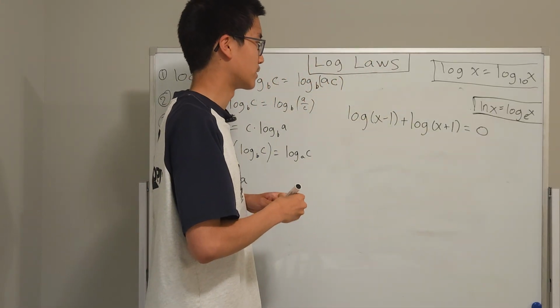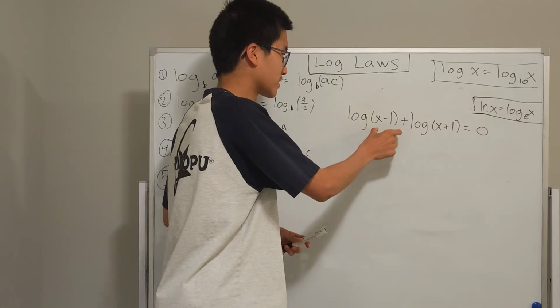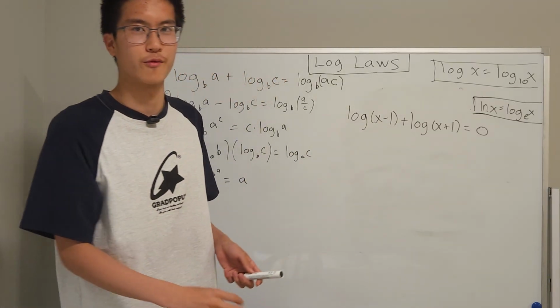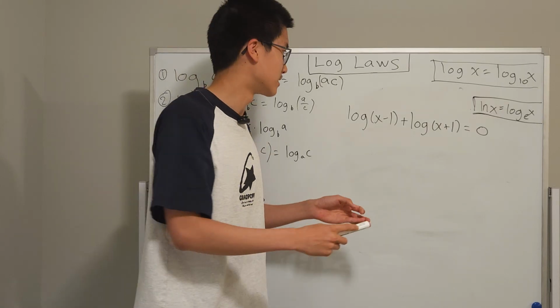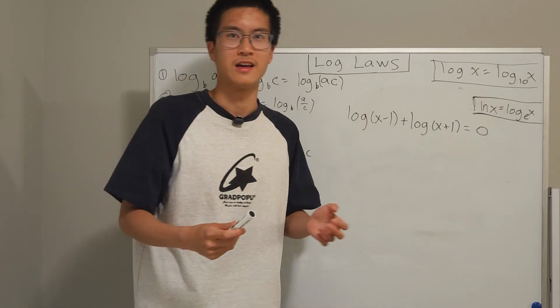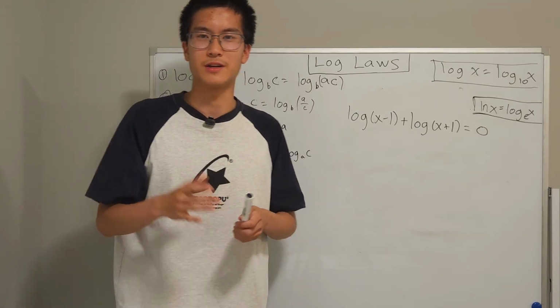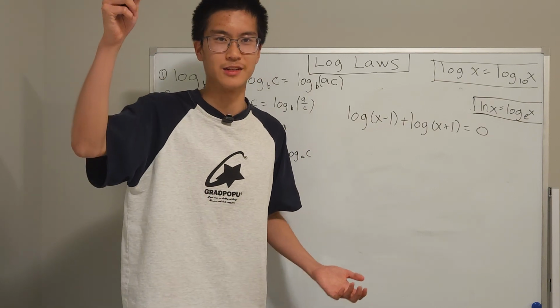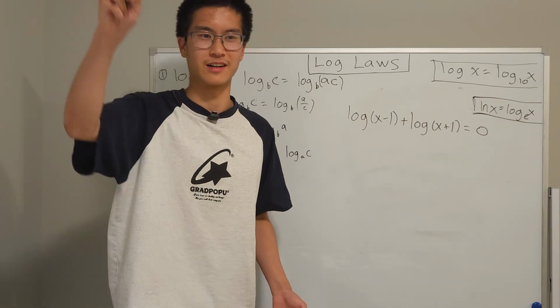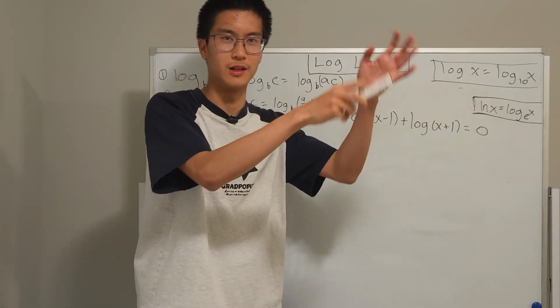And we have restrictions actually right here. We require this to be positive because if we think about our exponential form, if we have 10 to any power, our result will always be greater than 0. This can be seen if you graph 10 to the x, you'll see that it never goes below 0.